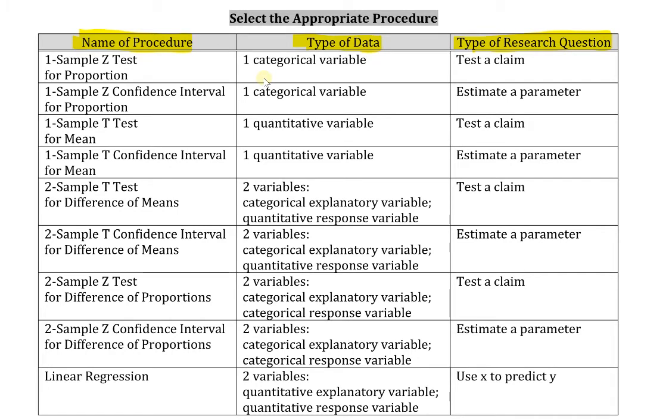For example, if we are given one categorical variable, such as the proportion of people that are left-handed, and we wanted to estimate this parameter, this proportion, P, then we could use a one-sample Z confidence interval for a proportion.